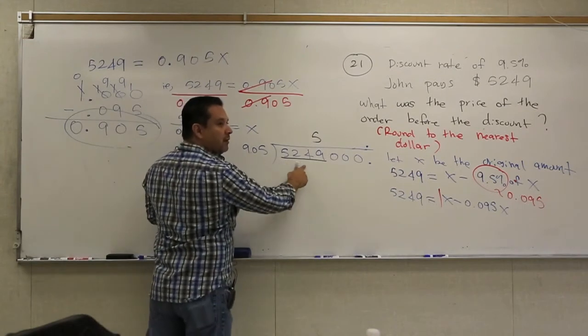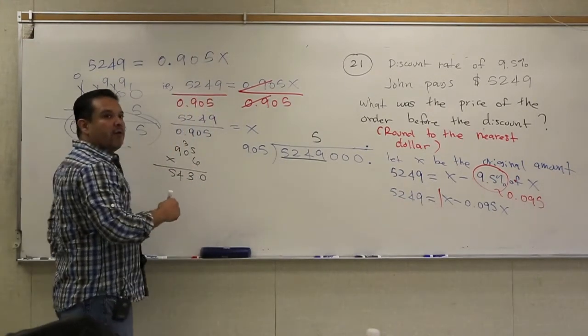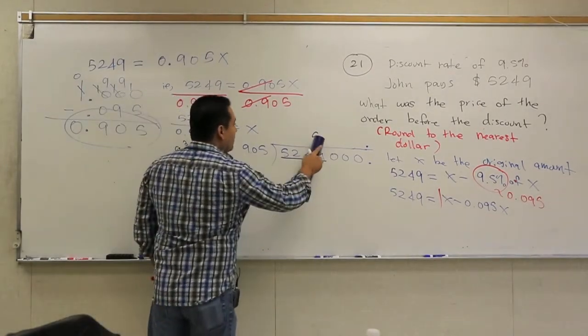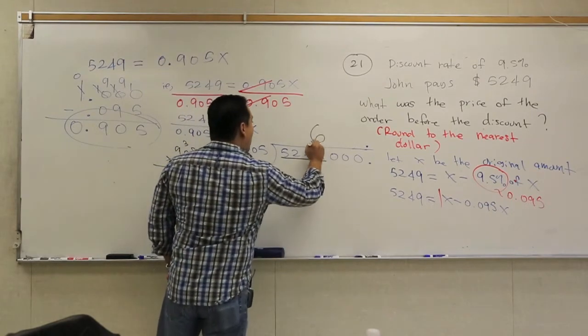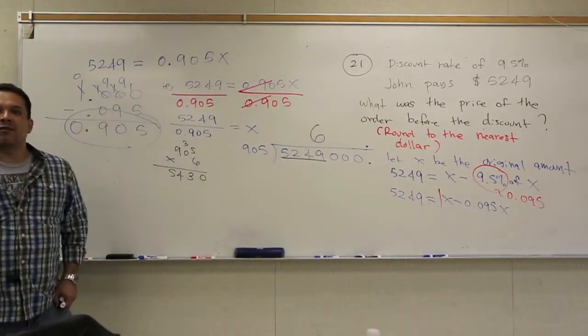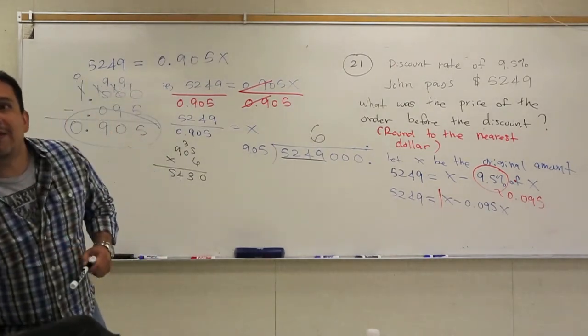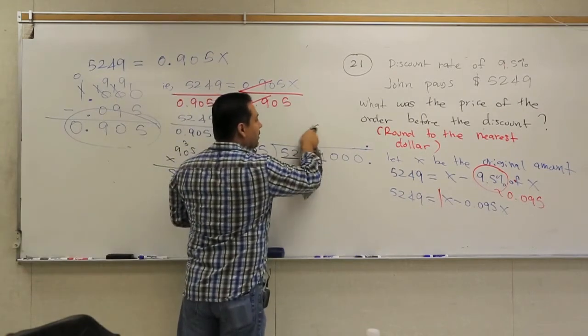That's too big. It's not 6. It's really 5. So how do you really do this? You start to guesstimate what might work.